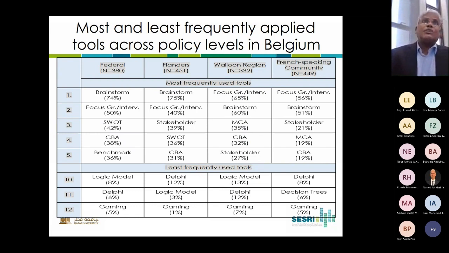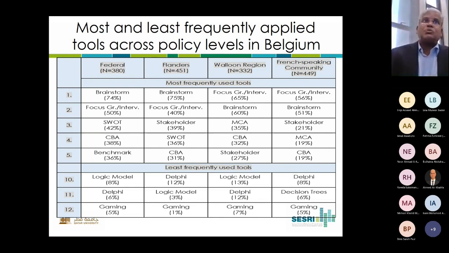Now, this analysis also gives more detailed information on the most and least frequently applied tools across policy levels. It is at the federal level and at the regional level in Belgium, for example, in Flanders, the Walloon region, and the French-speaking community.